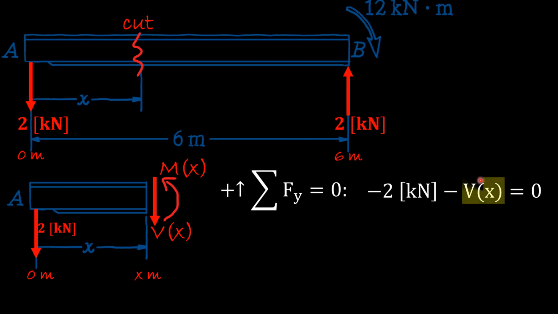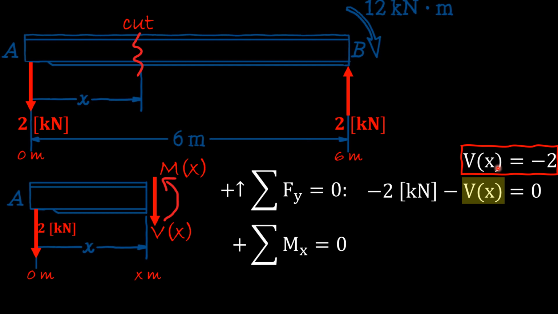So now we need to solve for the shear force as a function of x. We will move the shear force to the other side of the equation, which will give us shear force equal to negative 2. So now we can take the moment at x, where counterclockwise is positive, equal to 0.